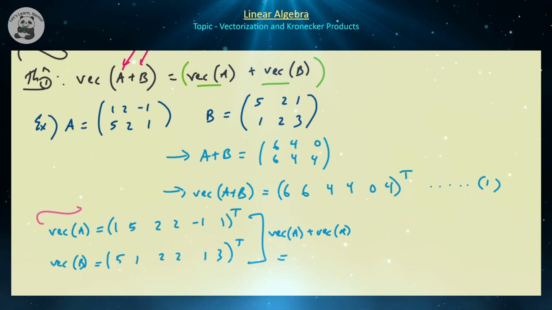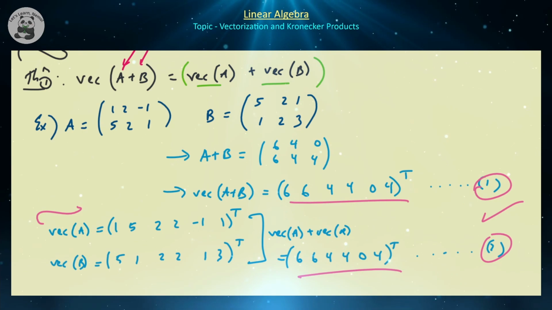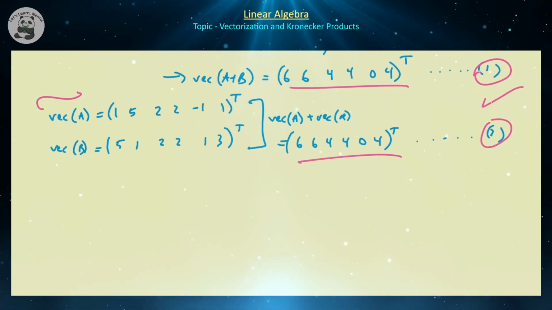So that's going to be equal to 6, 6, 4, 4, 0, and 4, transpose. And obviously these two lines are equal. So it's true for this example, and that should give you a guide for a proof for the general example.